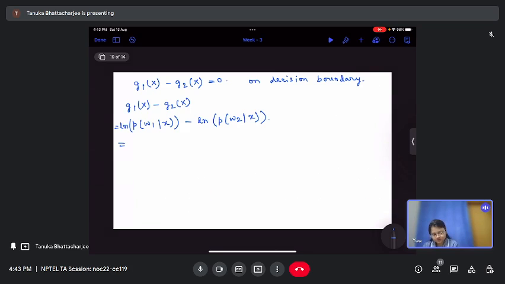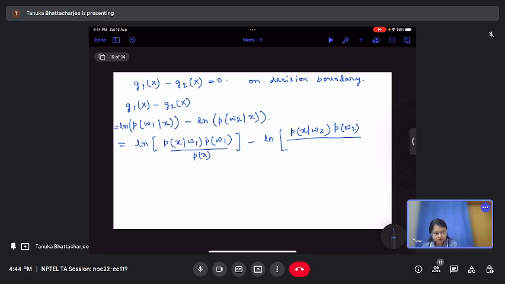So we can simplify this further. We can write this as probability of x given omega 1 into probability of omega 1 by p of x. Now the denominator is present in both the terms, so it will cancel out.